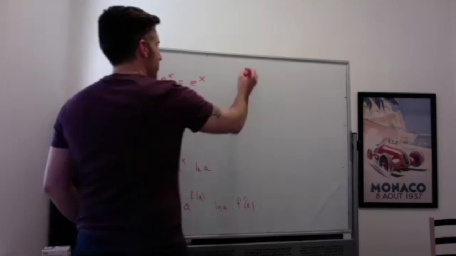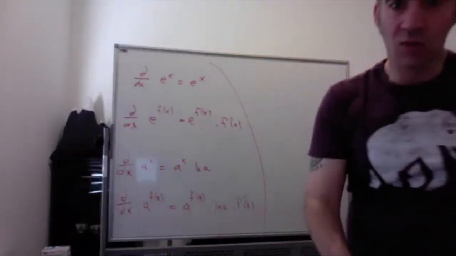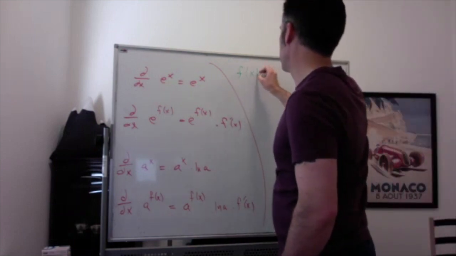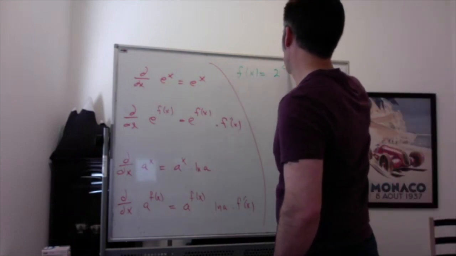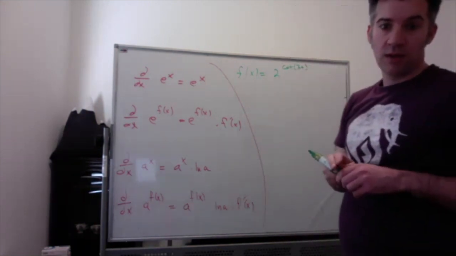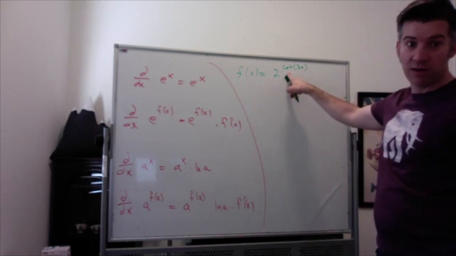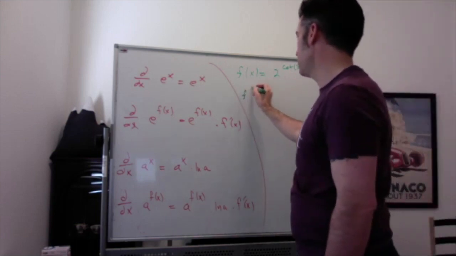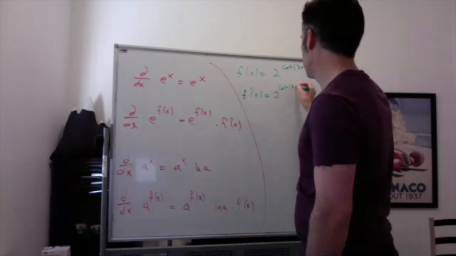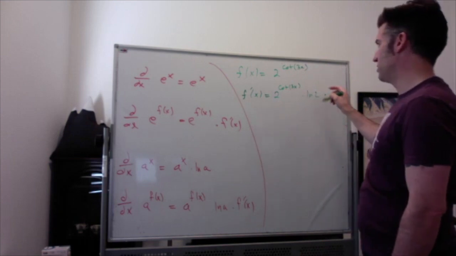For example, we could ask the question, what's the derivative of f of x equal to 2 to the cotangent of 3x? All right, so my function is 2 to the stuff. My derivative is 2 to the stuff times the natural log of 2 times the derivative of the stuff.